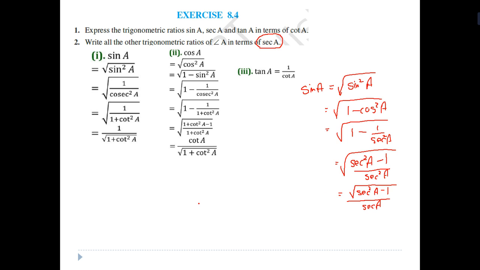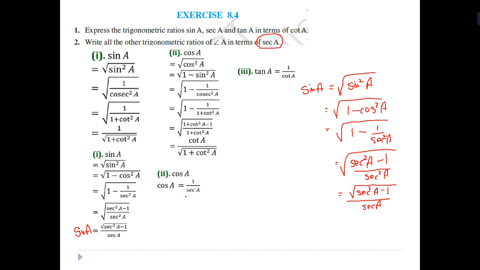Let us see whether we are doing it correctly. Sin A is under root sin square A, under root 1 minus cos square A, and cos A is the inverse of sec A, that is 1 minus 1 upon sec square A. If I take the LCM of it, we get sin A is equal to under root sec square A minus 1 upon sec A. Now cos, the same thing we can do.